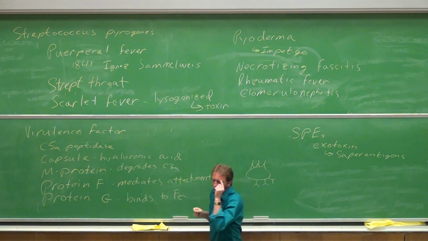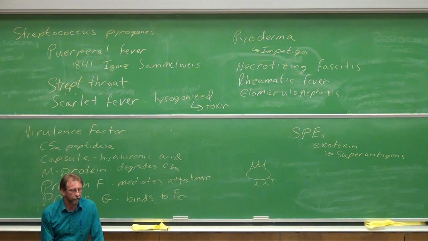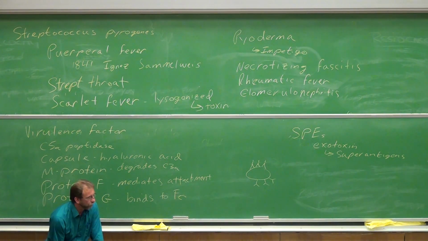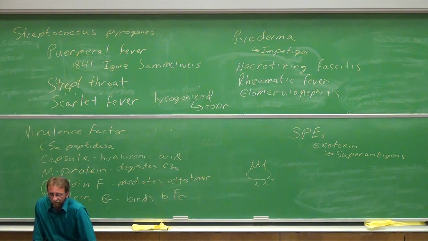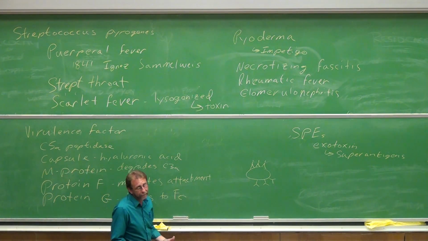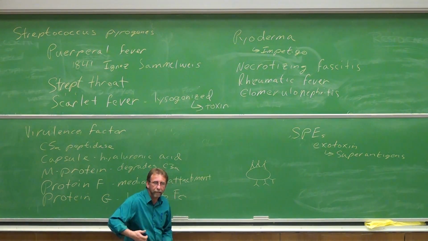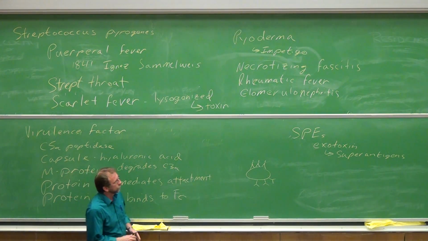And if you remember what that means, it means that they turn on way too many T cells. So normally 1 T cell out of 100 might get turned on. A superantigen might turn on 5 or 10 out of 100. And so now you've got all these T cells all secreting their cytokines. And so that increase in cytokines can cause damage to cells. Cytokines themselves can do the damage.